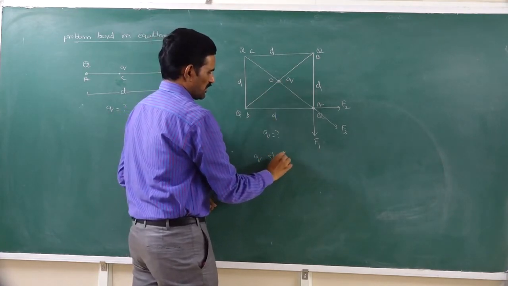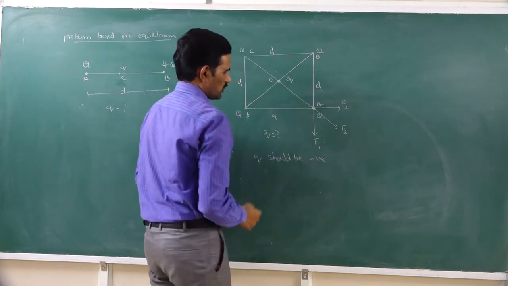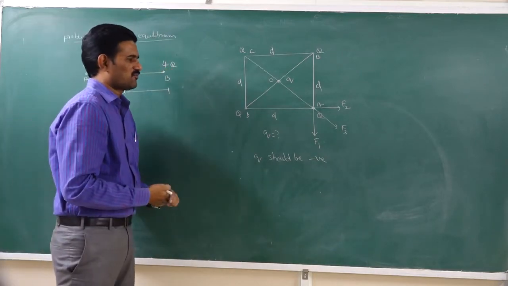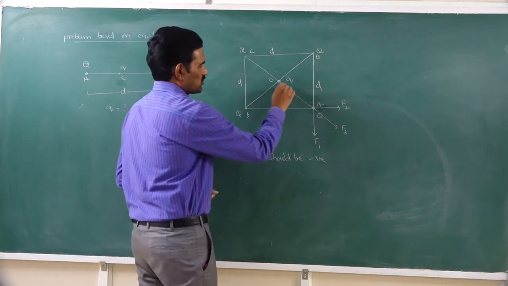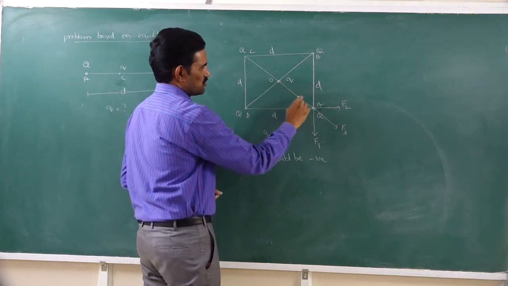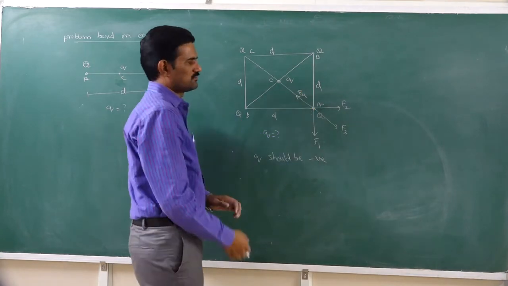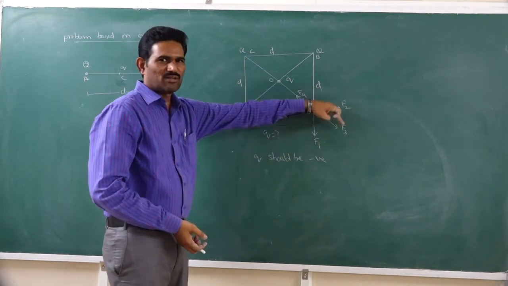So Q should be a negative value. That we can already conclude here, similar to the previous problem. And so we just need to calculate the magnitude now. When it is negative, the force between these two must be along this direction, F4.